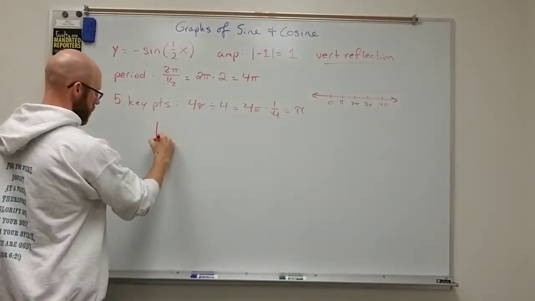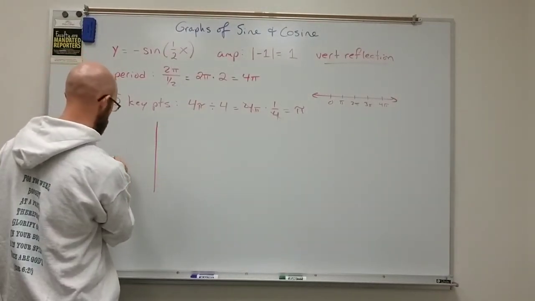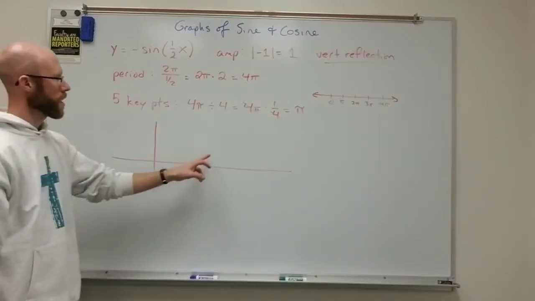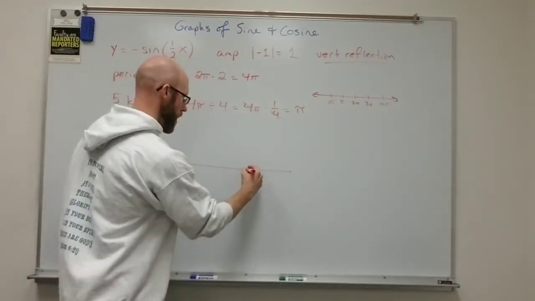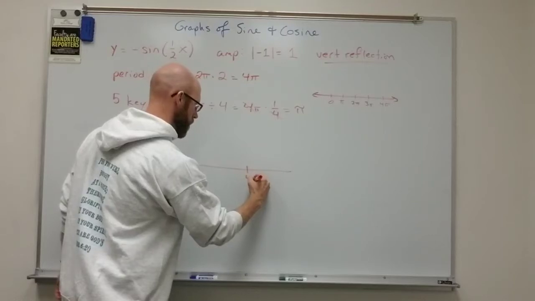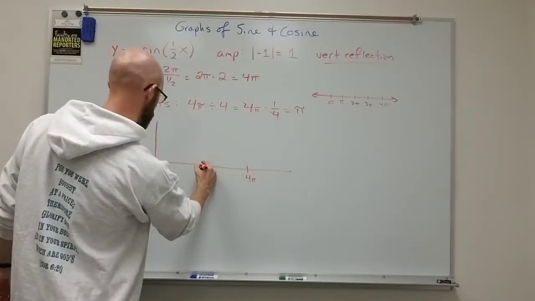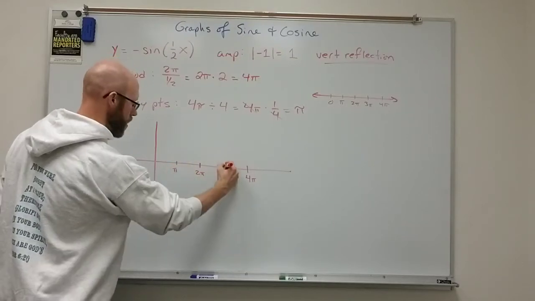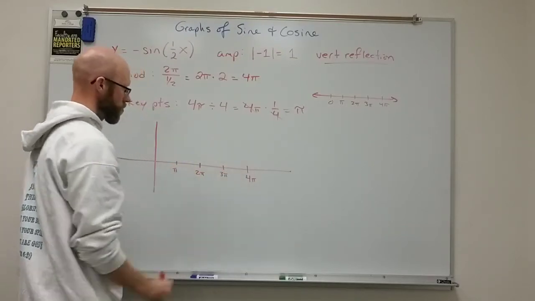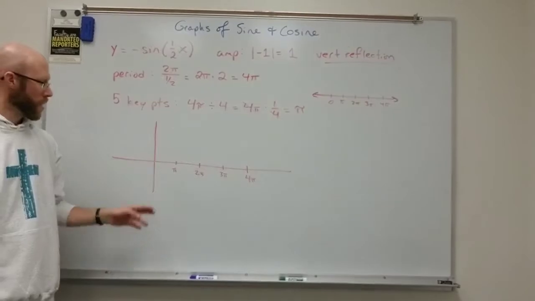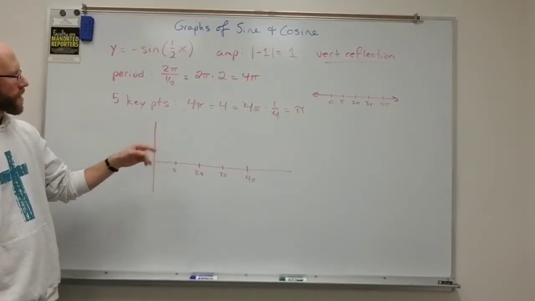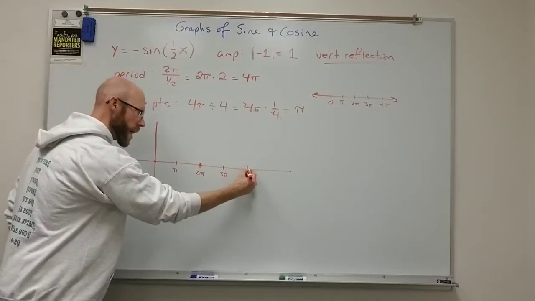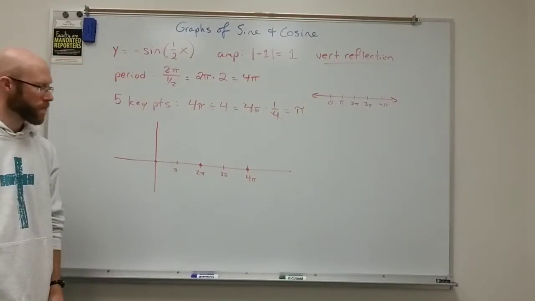So let's first get the graph set up. Again, I'm going to plot this out to 4 pi, and then just cut things in half. So here's 2 pi, and 3 pi. Then I want my 5 key points. The first, middle, and last are the x-intercepts.